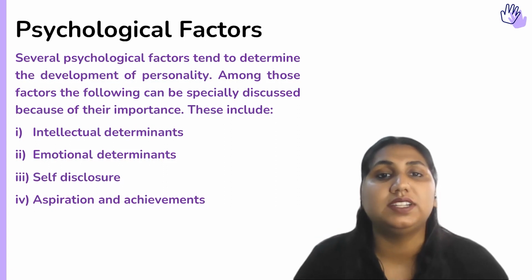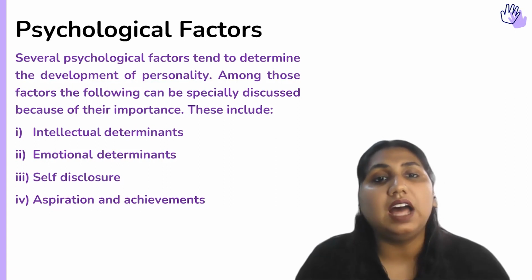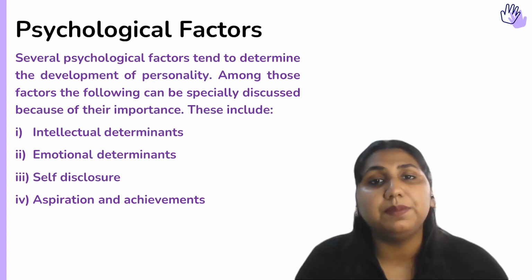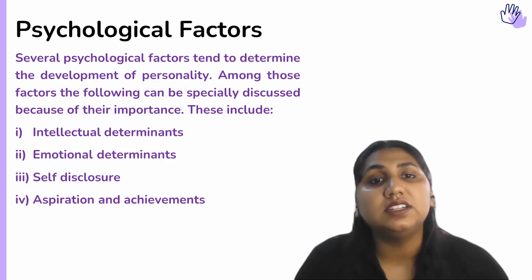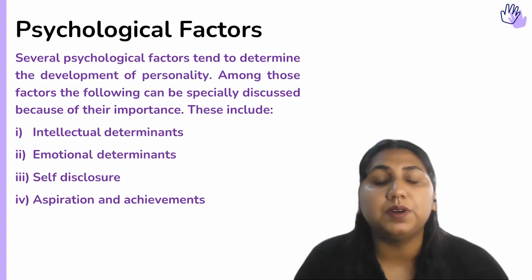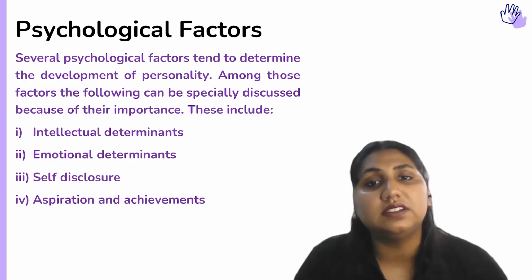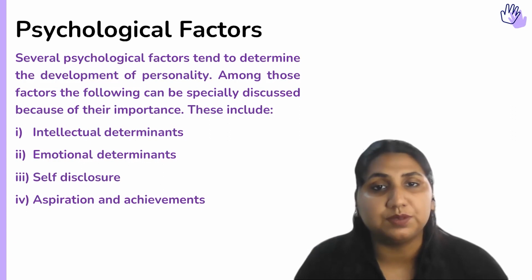Next is emotional determinants. These are important factors that shape the development of personality, and emotions are considered most important personality factors in terms of development because they affect personal and social adjustment.